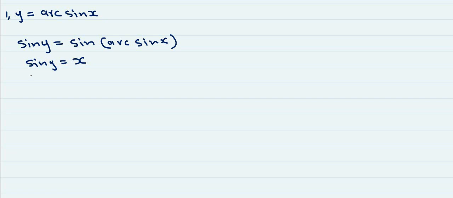So the derivative of sin is cos, so cos y dy over dx equals 1, differentiating x gives 1. Then dy over dx equals 1 over cos y.